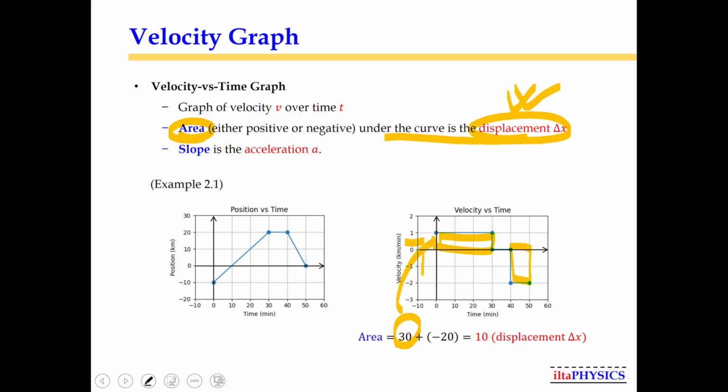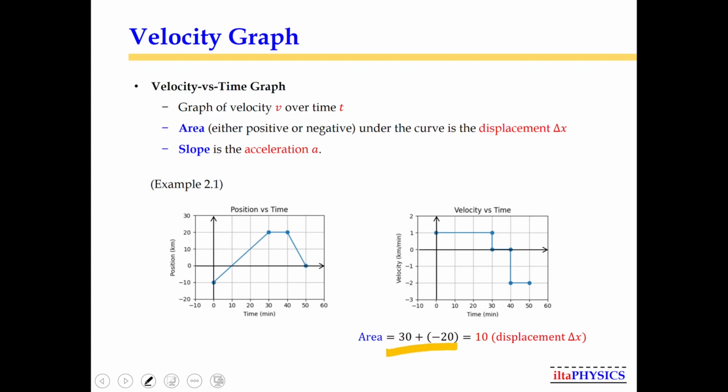As shown in the figure on the bottom right, for the whole motion of the car from 0 to 50 minutes, the areas with respect to the x-axis are 30 and minus 20. So the total displacement is 10, which means the motion ends at a point 10 kilometers to the right of where it started. This same total displacement can also be seen from the position graph we discussed earlier.